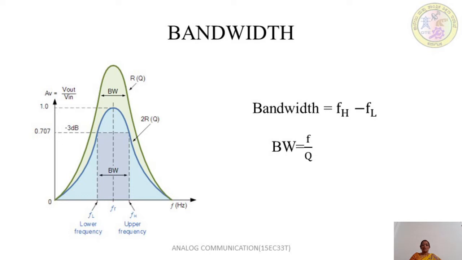The upper and lower cutoff frequencies give half power frequencies where the power dissipated at the resonant frequency gives minus 3 dB points, at a current value equal to 0.707 or 70.7% of its maximum resonant value. Bandwidth can also be given as F by Q.